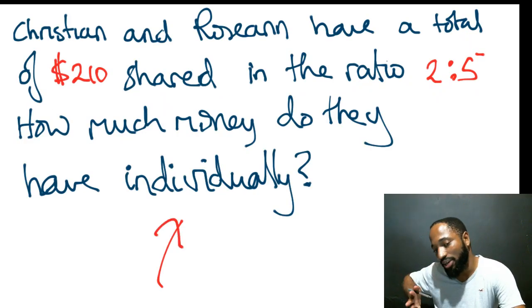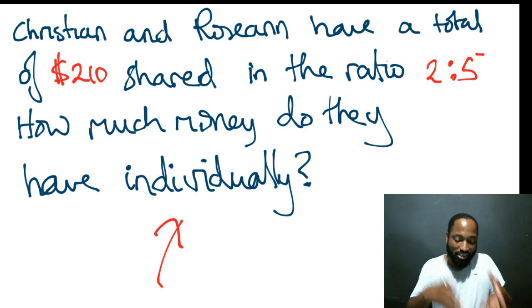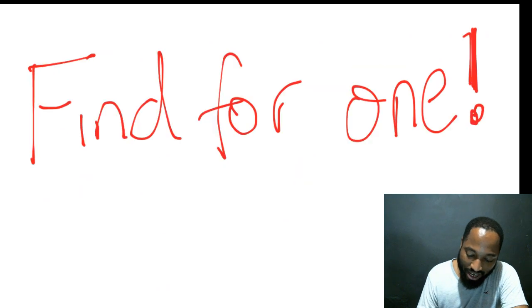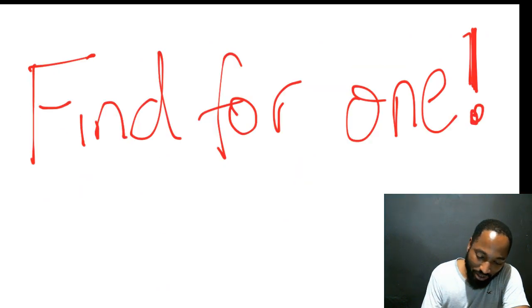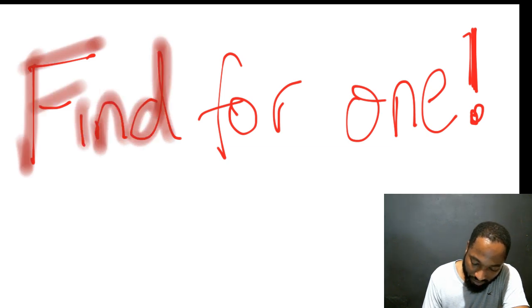The question could come another way. It could come this way, mixed up with like 3 people, or it could come another way. I'm not sure of the next way just now. But the words I want you to remember, take this in your mind, for goodness sake: find for one. Remember, find for one.